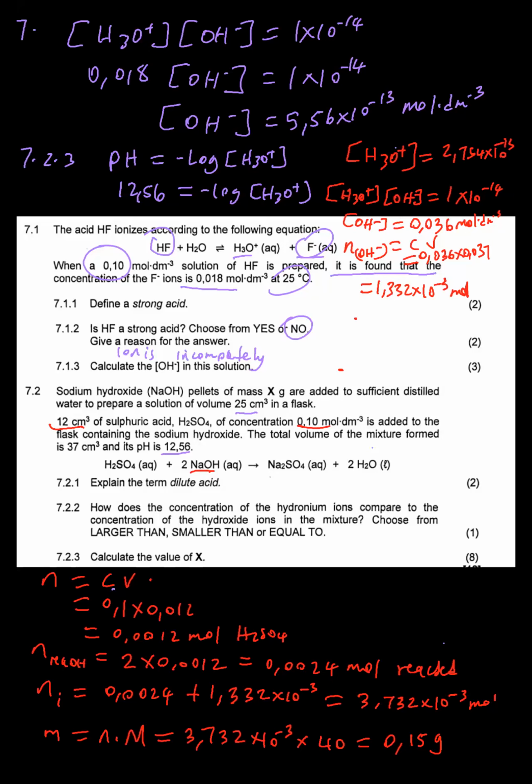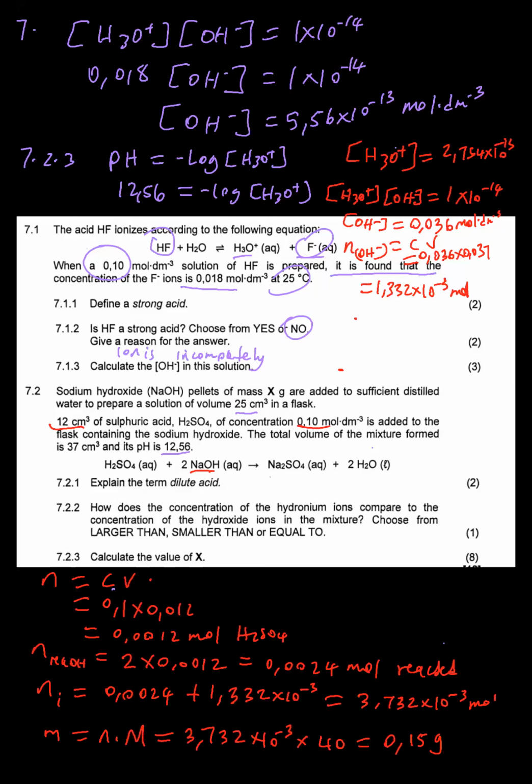If pH is greater than 7, it simply means that there are more OH ions than H3O plus. So whatever OH ions there are is in excess, meaning that H3O plus is not in excess.